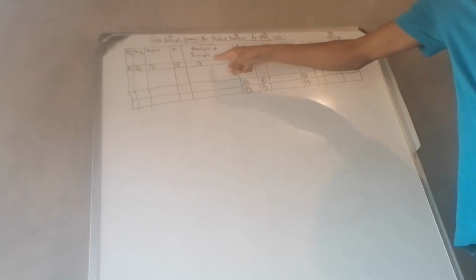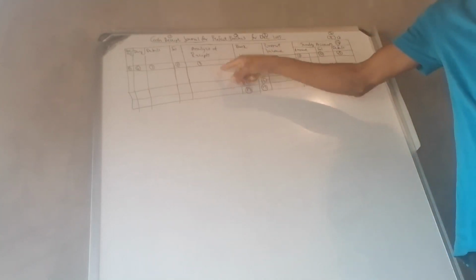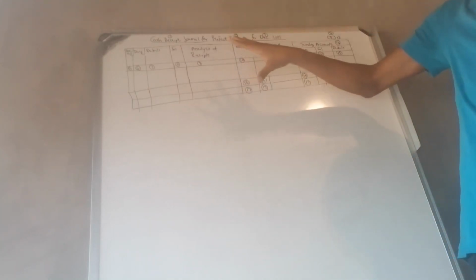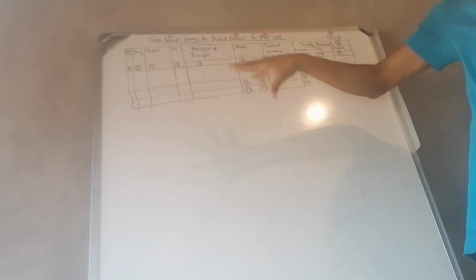So for every individual transaction that transpired, we will record that under the analysis of receipts. We are recording information for every individual who gave money to the business.